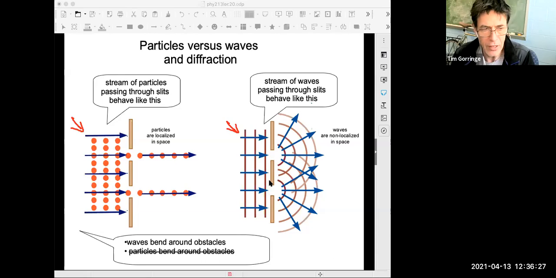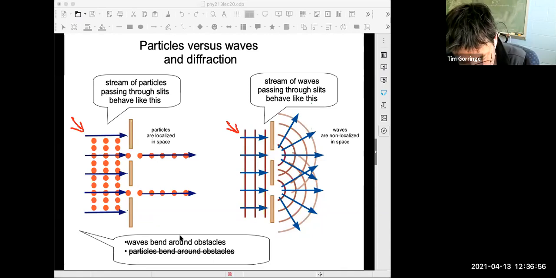On the left-hand side with the particles, there's no such thing as interference of the particles. On the right-hand side with the waves, there is going to be interference. And this bending of the waves as they pass through the slit, so that they emerge in all directions, which is quite unlike the particles when they pass through the slit, is what we call diffraction.